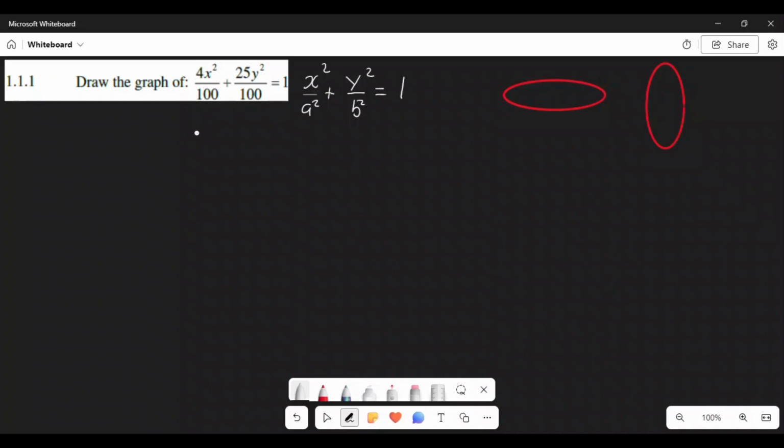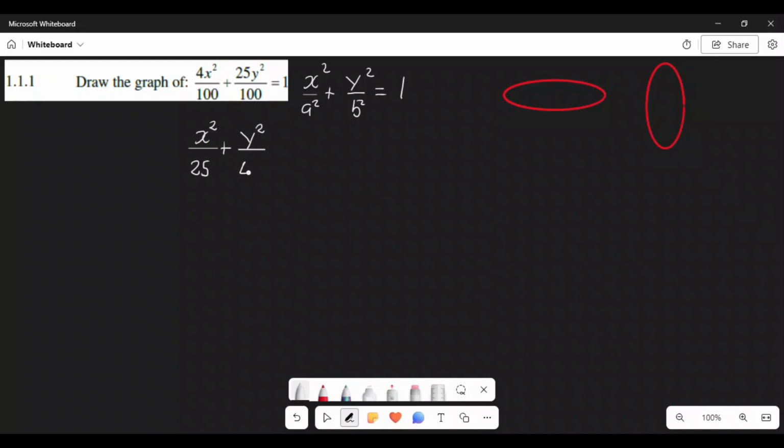We can say 4 divided by 4, we're left with x squared, but on the denominator, 100 divided by 4 gives us 25. Plus, now the next term, 25y squared over 100. 25 divided by 25 is 1, multiplied by y squared, and 100 divided by 25 gives us 4.